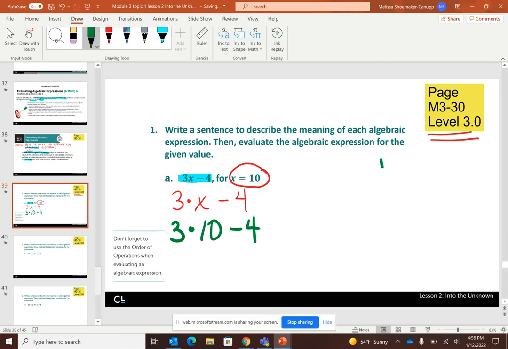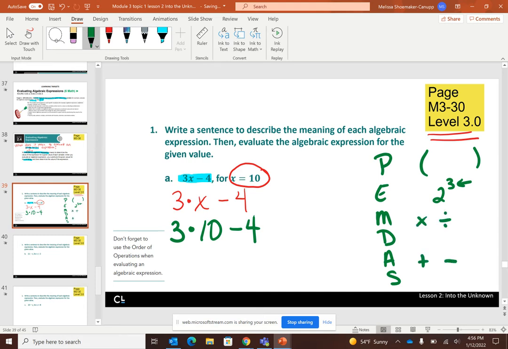Now I have to follow the order of operations. Parentheses, the exponents, like 2 to the third, multiplication and division, addition and subtraction. I don't see any parentheses. I don't even see any exponents, but I do see multiplication right here.